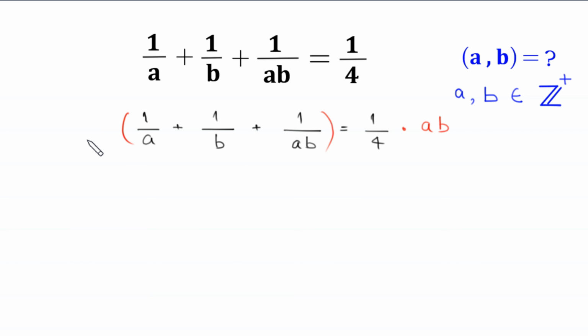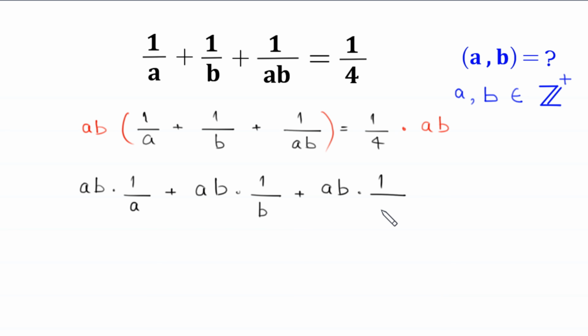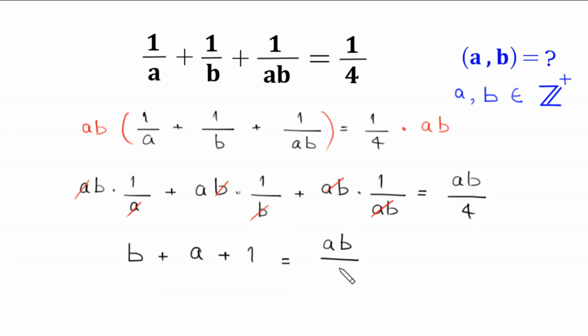At the left hand side we multiply by ab, so this will become ab times 1/a plus ab times 1/b plus ab times 1/(ab) is equal to 1/4 times ab, which will become ab/4. From the left hand side this ab will be cancelled with this ab, this b will be cancelled with this b, and this a will be cancelled with this a, and this b times 1 will become b plus a times 1 will become a plus this 1 is equal to ab/4.